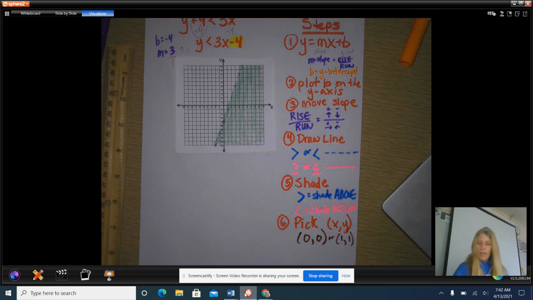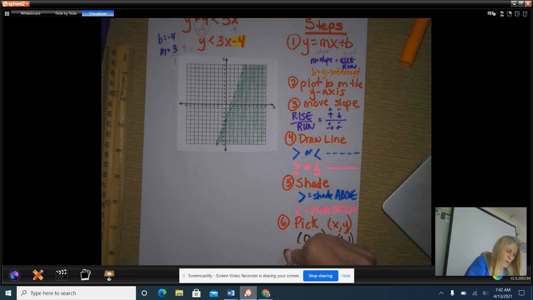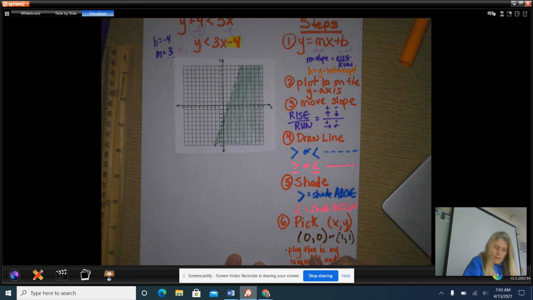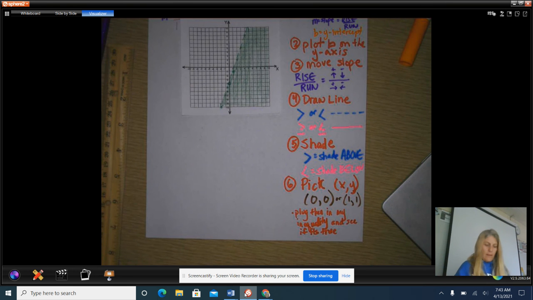Now, once I've picked those, I'm going to plug them into my inequality and see if it's true. I'm going to plug those numbers in for x and y, and I'm going to see if they're true.